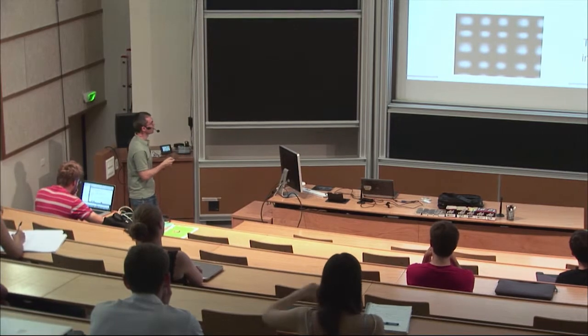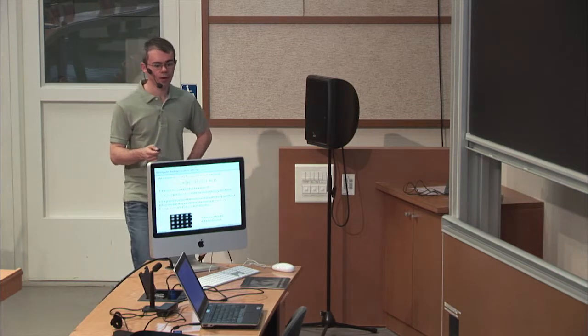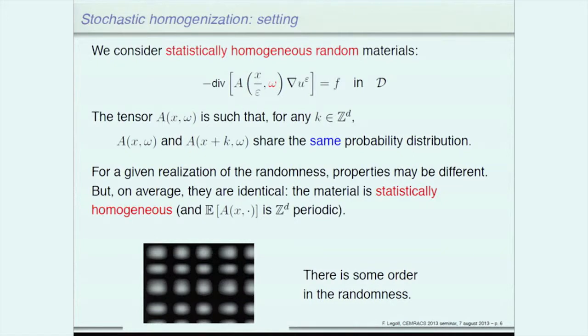They have the same law. So if I look at a random material here, the property there and there are different. If I shift by one unit cell, they are different on this realization, but on average, the property there and there are the same.